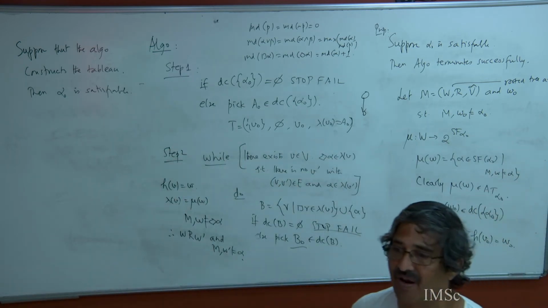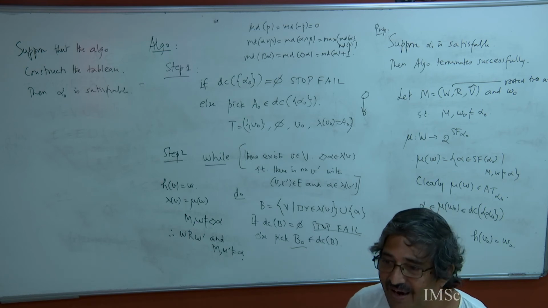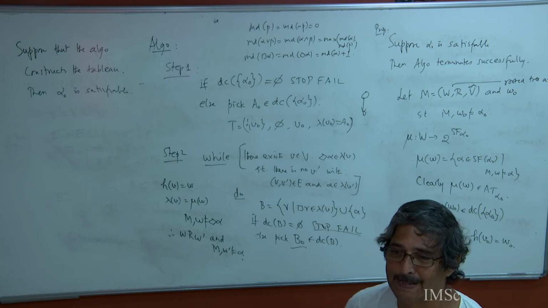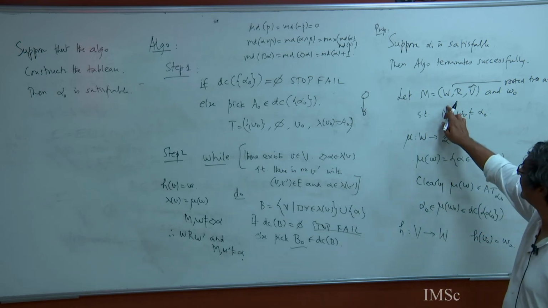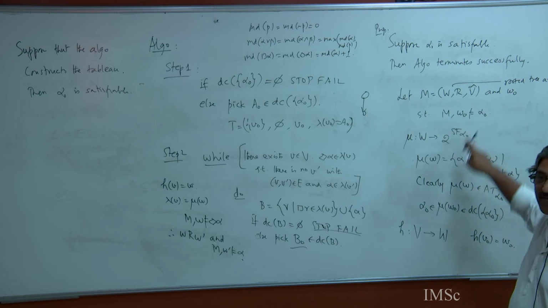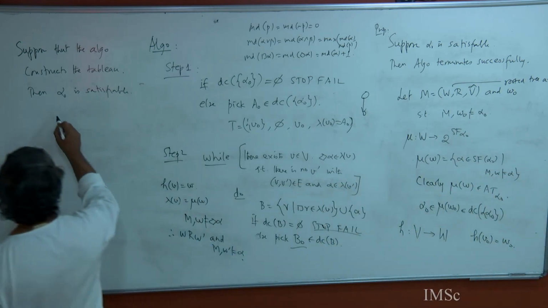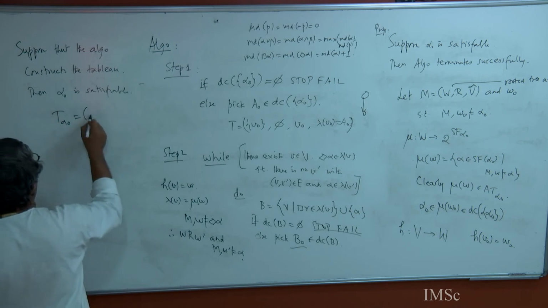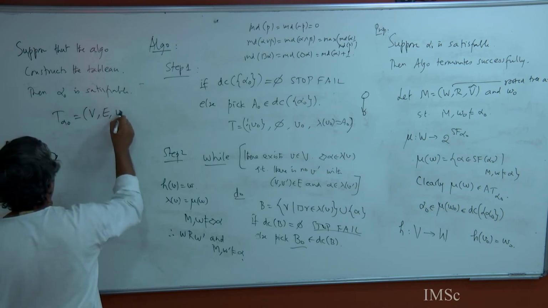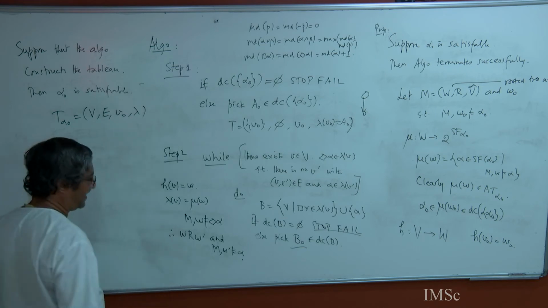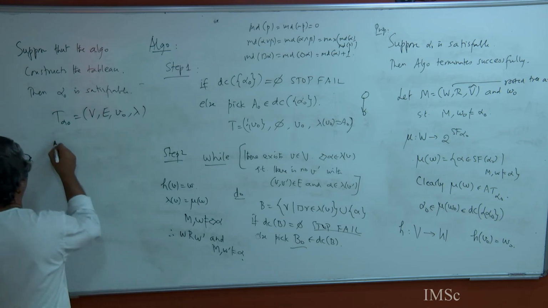You have to construct a model for it. Which is the model that you construct? You have to give a set of worlds, an accessibility relation and a valuation. T alpha naught is given. What is my model M?